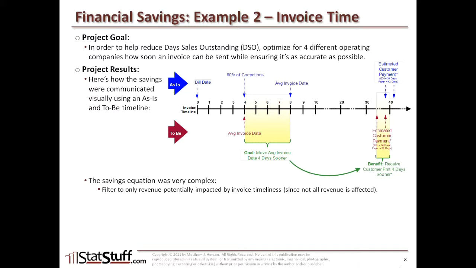Then we had to drill down to the different ways we invoice the customer. Sometimes it was by paper, sometimes electronically through EDI, and that had an impact on how soon we can invoice them and how soon those customers were paying us. We had to account for those factors as well.